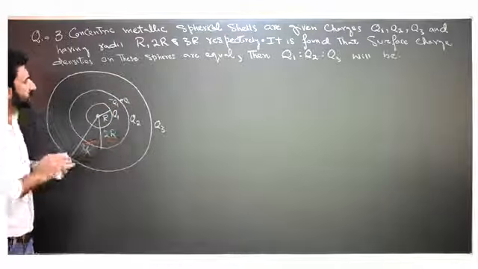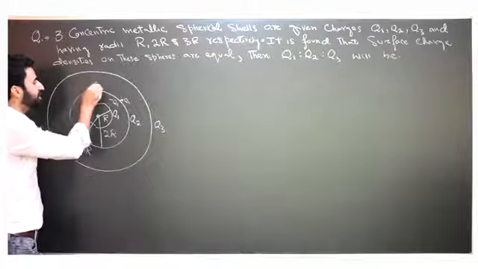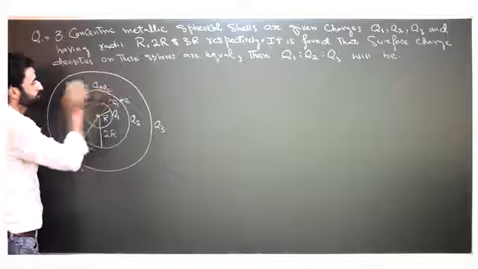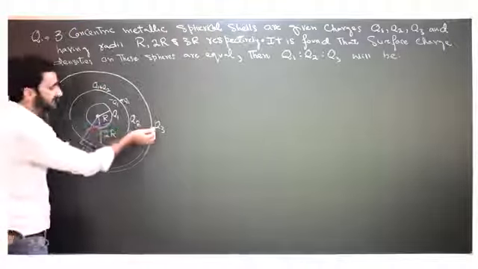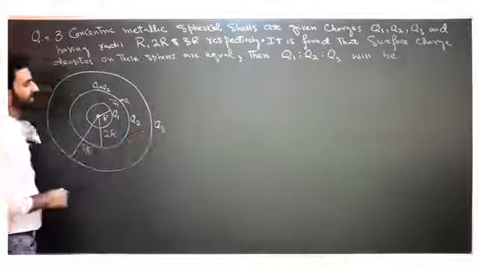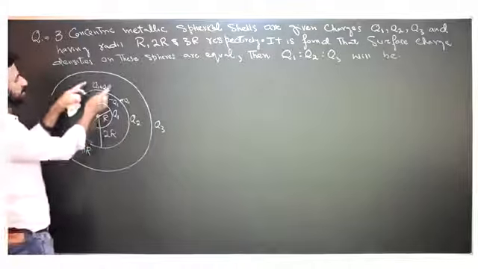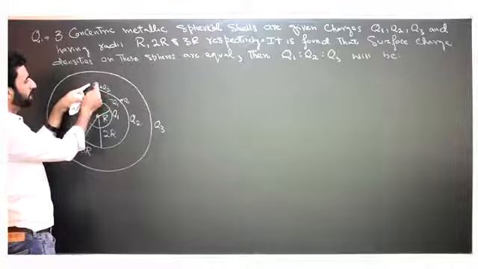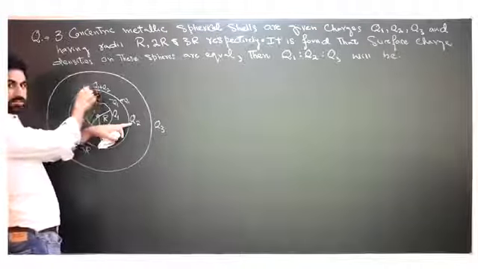So the net charge on the outer side of the second shell is q1 plus q2. As far as the third spherical shell is concerned, it already has a charge of q3, but on the outer side of the second shell you have now a charge of q1 plus q2, because q2 was the original, and q1 is due to induction.